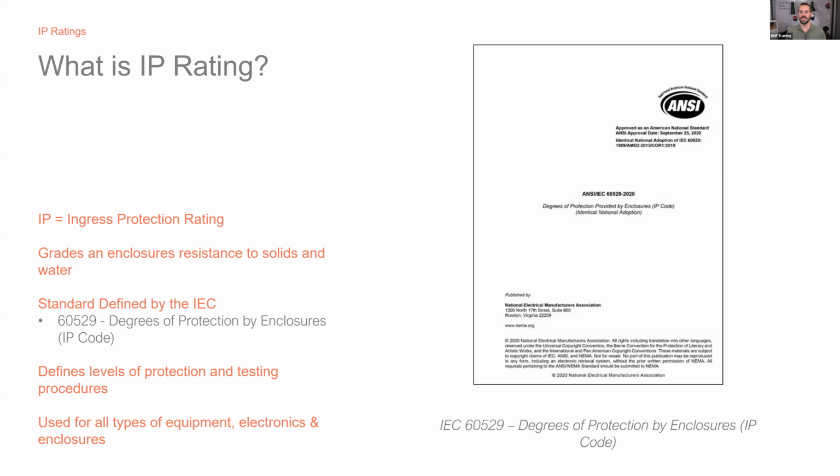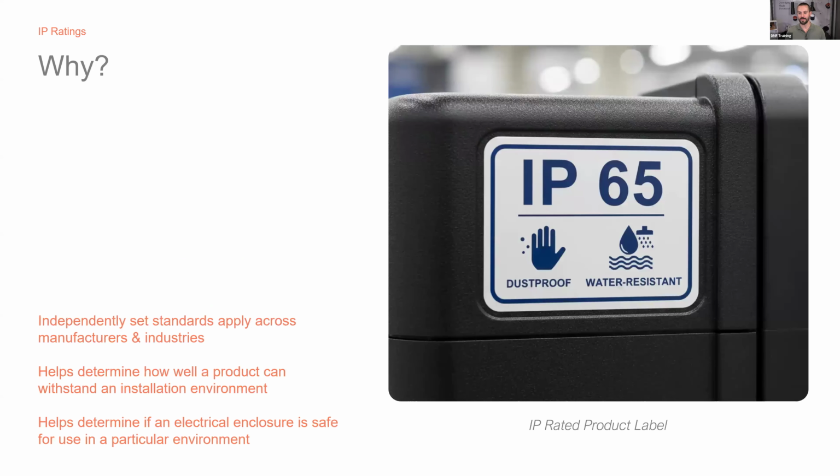It's also important to note that this IP code is really used for all types of equipment, electronics, enclosures. Of course, we're going to hone in on what it means for lighting fixtures, because that's our industry, but even things down to Pelican cases or road cases. All types of things can have an IP rating. It's really just going to describe how well it protects against the intrusion of solids and water.